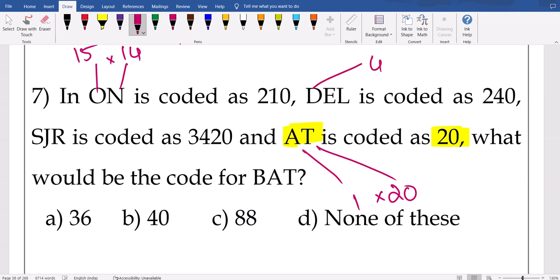D value 4, E value 5, L value 12. 4 into 5, 20, 20 into 12, 240. We know addition, they have given multiplication also. So your answer should be 40. At is 20, bat is 40, cat is 60. Whenever you see those things, you can directly attack. At 20, bat 40, cat 60. Product logic.